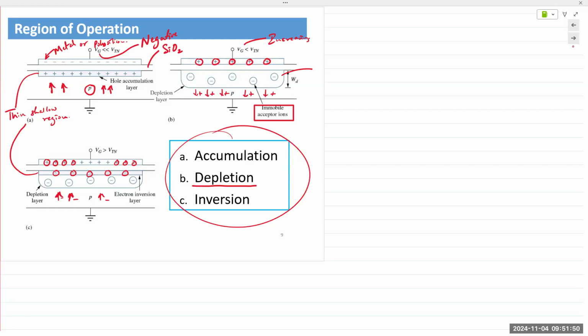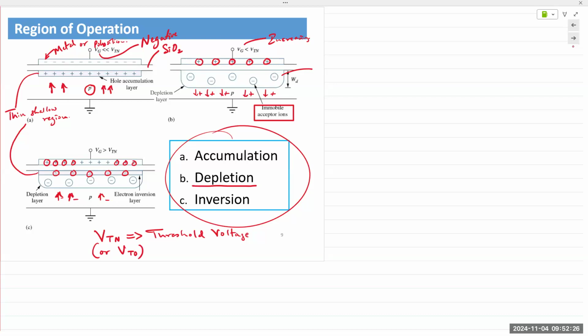So we have 3 regions of operation: accumulation, depletion, and inversion. The voltage at which point the inverted channel is established is known as the threshold voltage, VTN. And this depends on the manufacturer. In some books, it's also referred to as VTO, threshold voltage.